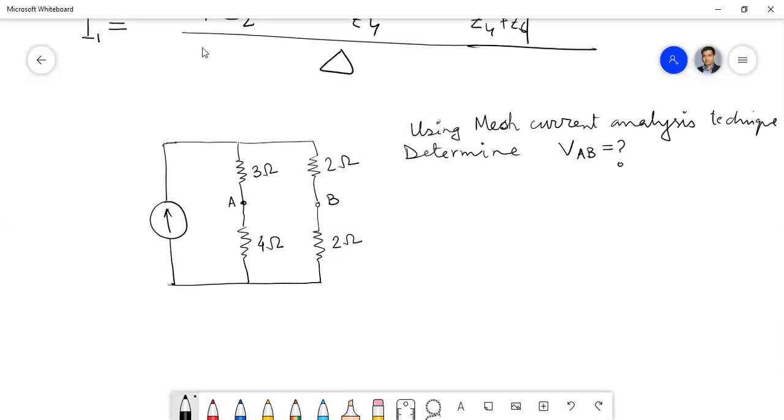Okay, so using the mesh current technique only, you have to determine this, not by any other technique. Because it's a very simple circuit, you can opt for any method to solve this, but for this particular problem, you have to use only the mesh current technique that you have learned in the last class. Got my point?